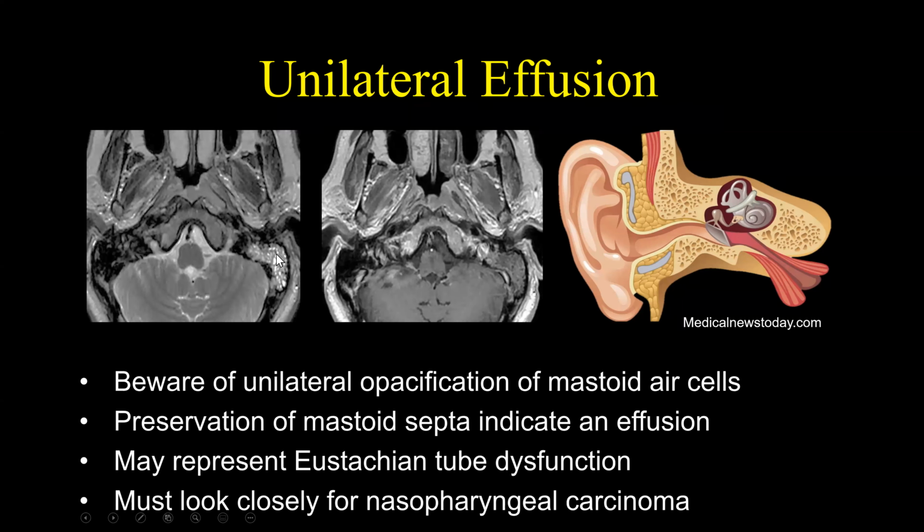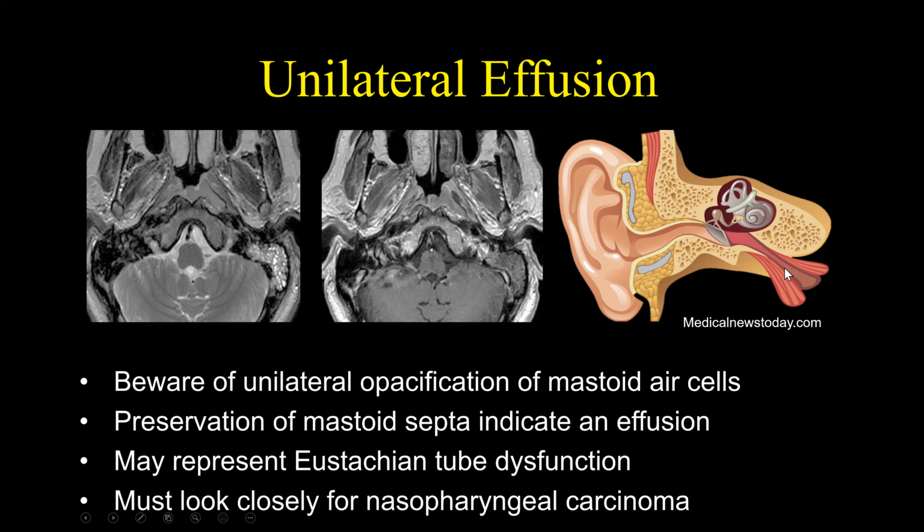Oftentimes they're benign, but if you do see a unilateral effusion, especially in elderly patients, unfortunately like myself, realize that the eustachian tube allows aeration of the middle ear cavity, and the middle ear cavity communicates with the mastoid air cells. So if you see a unilateral effusion, that oftentimes indicates some type of eustachian tube dysfunction.